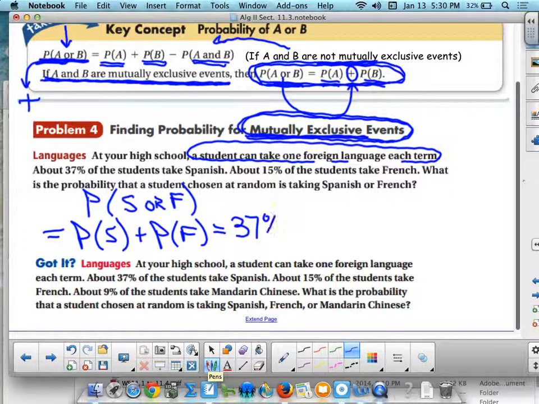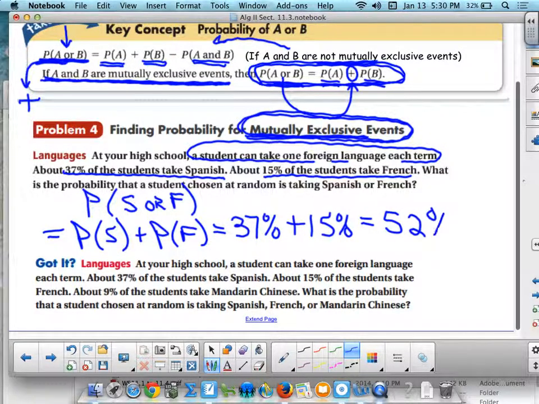It says it right up here. 37% of students take Spanish plus French. French would be what? 15% take French. Oh, there's not much to do here. Add them together, your answer is 52%. That's it. These are mutually exclusive. These two events cannot happen at the same time.